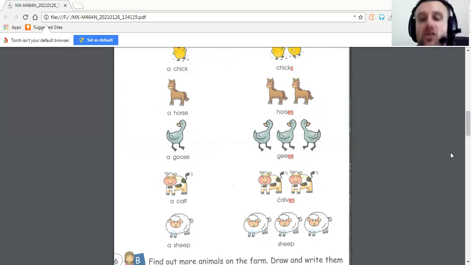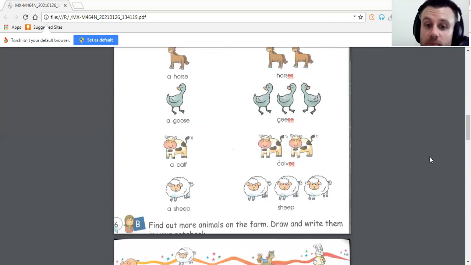Most of the time you add an s, but for some animals like goose, if you have two, three, or five, or maybe 1 million, it's geese. But about sheep, you have one sheep or three sheep. That's the same.